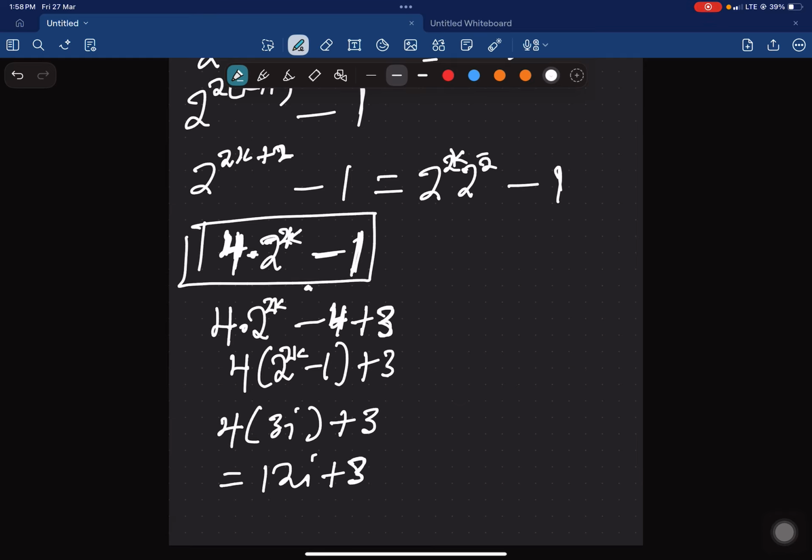Now this expression, we can factorize out 3. When we factorize out 3, this expression is going to look like 3 into (4i plus 1). Now i is an integer, so we are not likely to get a fraction after we do this.